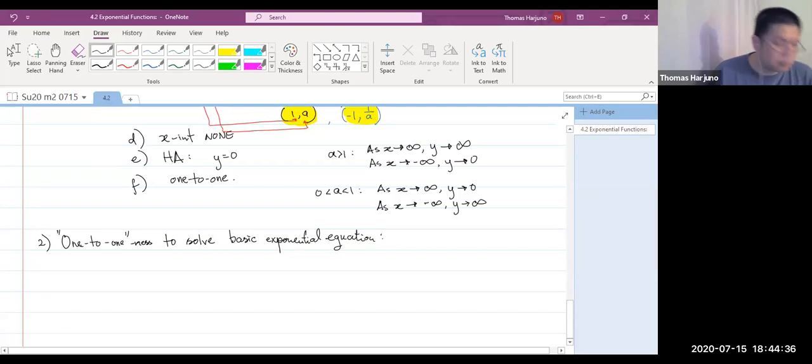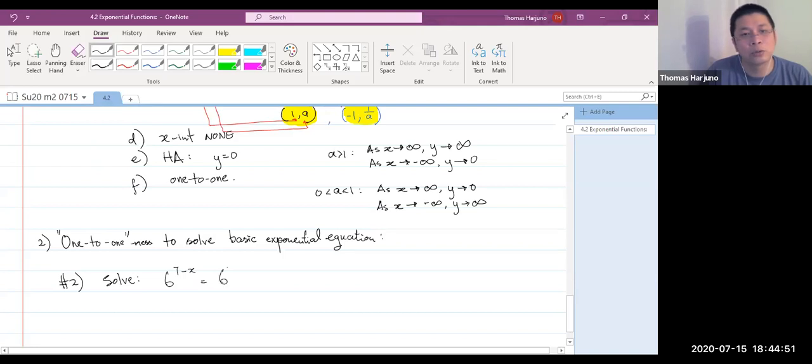For example, let me pick question number 2 in our textbook. We need to solve 6 to the 7 minus x equals 6 to the 2x plus 1.